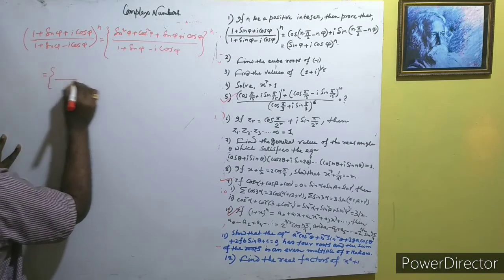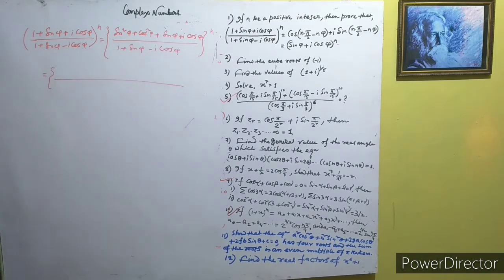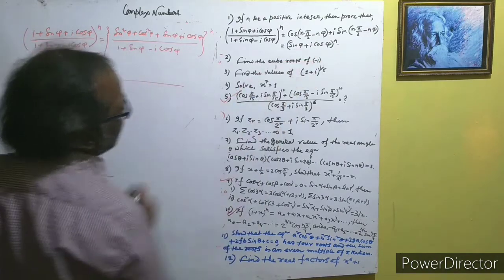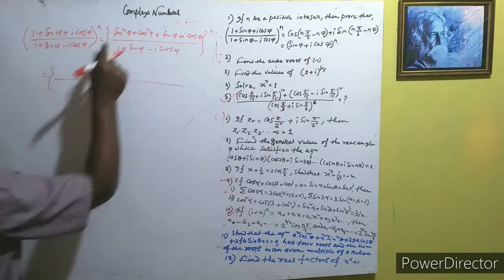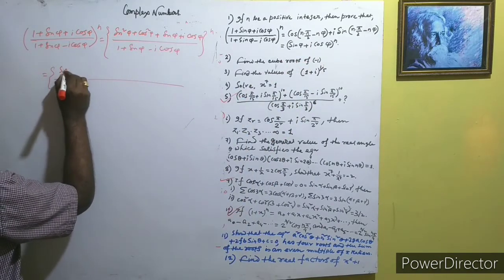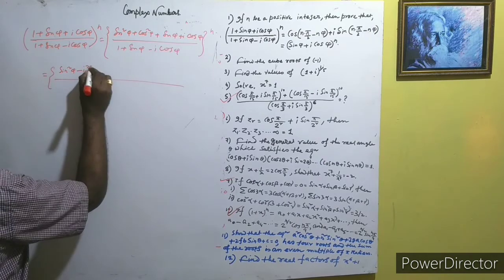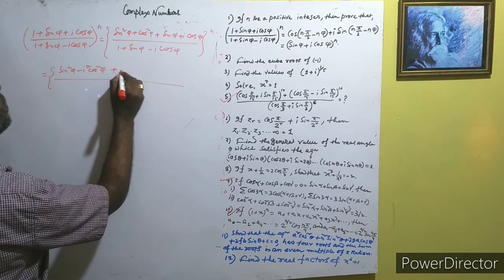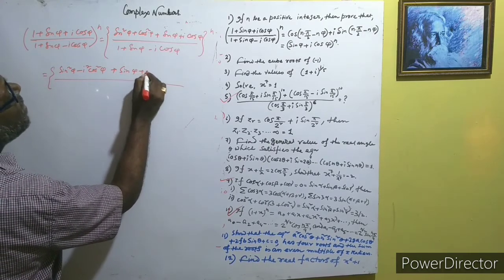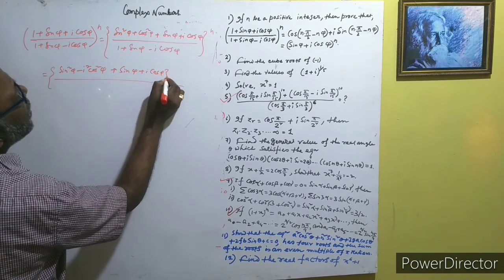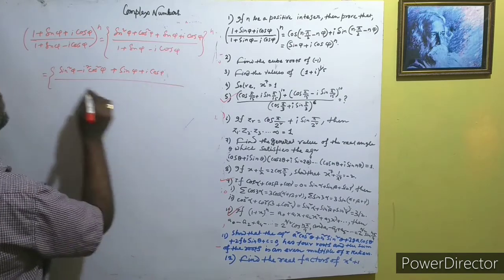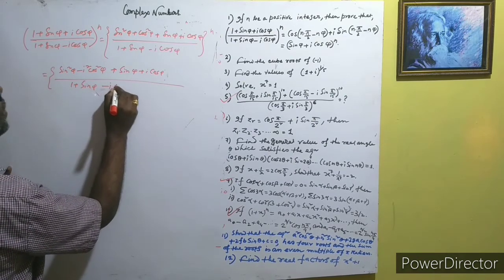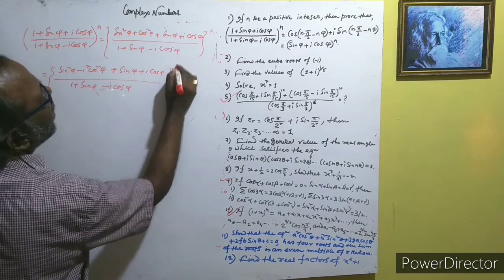Now again, this is sin square phi by, sorry, sin phi plus i cos phi. So in that case, this is sin square phi, and i square is minus 1, so it is plus cos square phi. So sin phi plus i into cos phi. Okay, 1 plus sin phi minus i cos phi, to the power n.